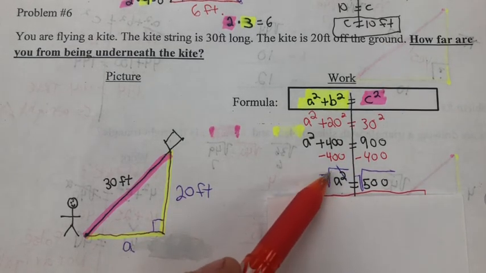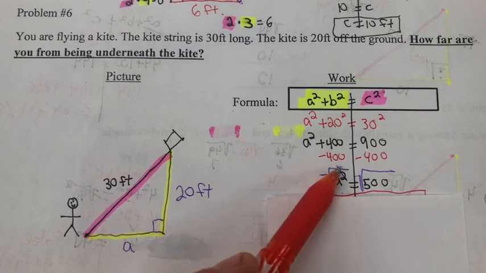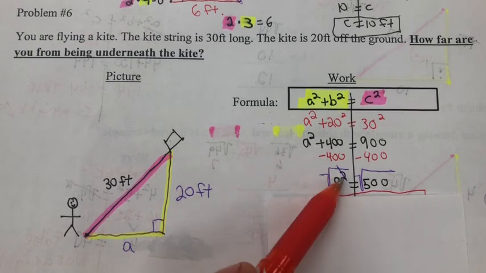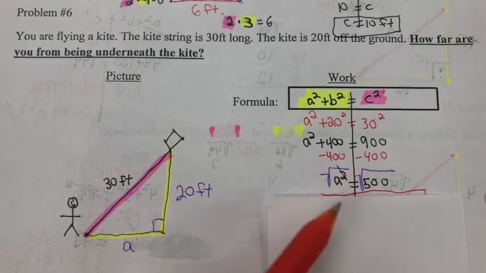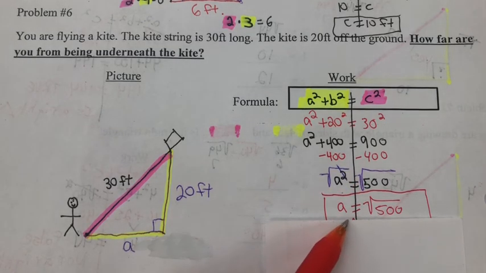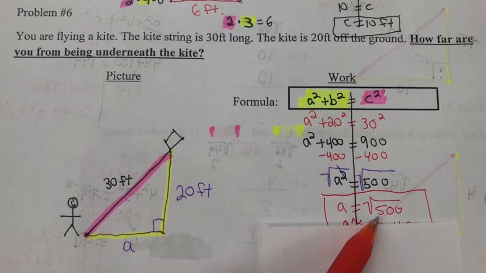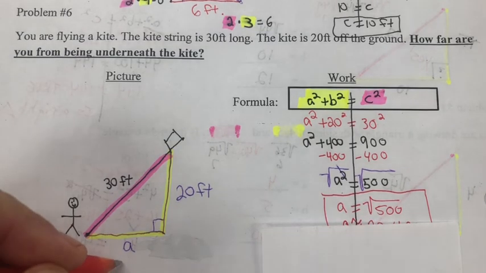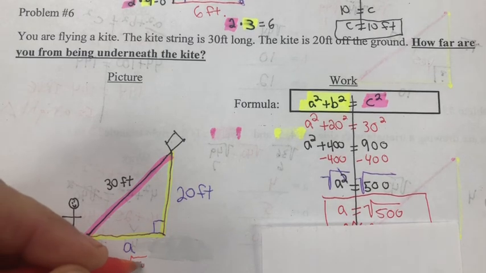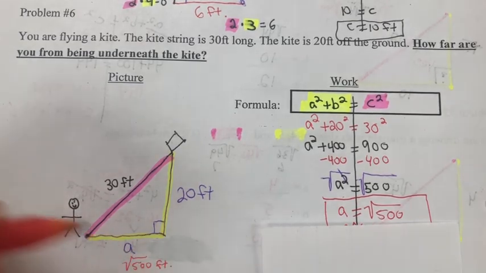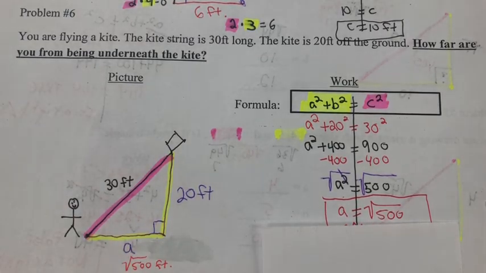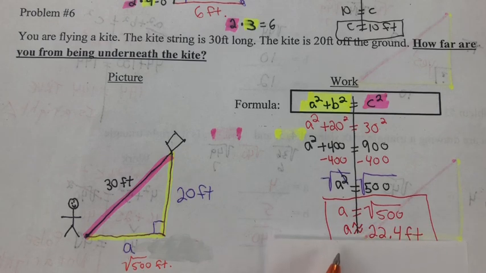Now we want to take the inverse of squaring, which is the square root. Those cancel each other out. What you do to one side, you do to the other. And we have A equals the square root of 500. So A would be the square root of 500 feet. That would be the exact value. Approximate would be 22 and 4/10 feet.